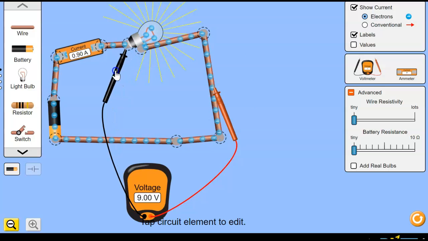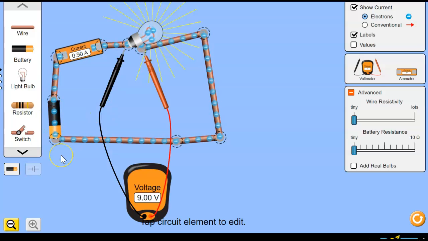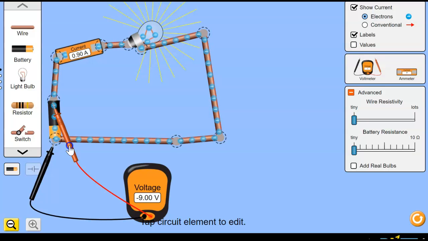Now, this light bulb has a voltage of 9 volts. What do you think the voltage of the battery is? Well, if I take this and put it here and put it here, we get an answer of negative 9 volts. Right? That means that the electrons are actually gaining energy.